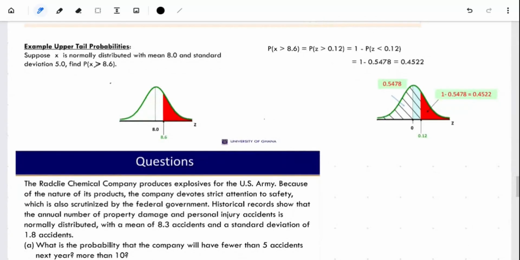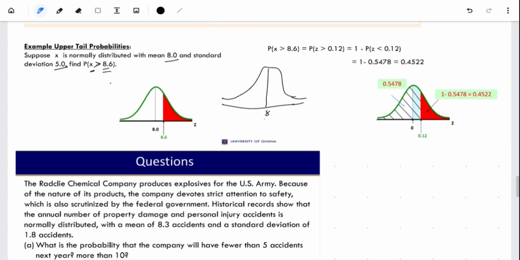Let's just suppose S is normally distributed with mean 8.0 and standard deviation of 5.0. Find the probability that S is greater than 8.6. Okay, so first of all, we said we draw our graph, right? So you have to draw your graph nicely, and then indicate your mean, which is 8.